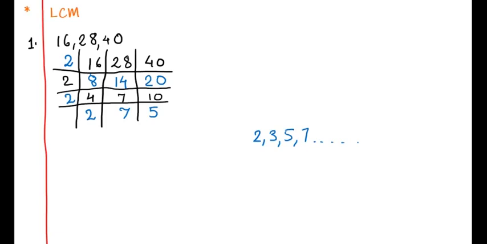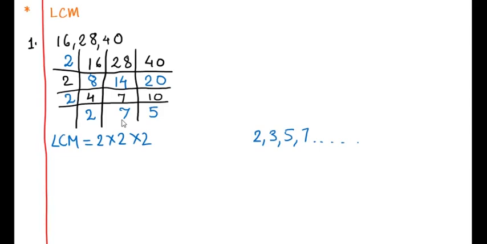So you are going to write here LCM is equal to. So the numbers in the first column here, what are those? 2, 2 and 2. First I will write them down and take 2 multiplied by 2 multiplied by 2. And the numbers in the last row, that is 2, 7 and 5, that I will write and take.